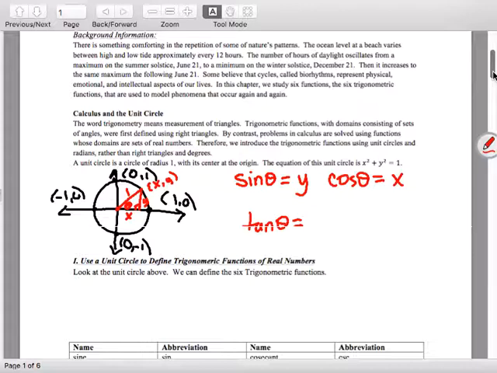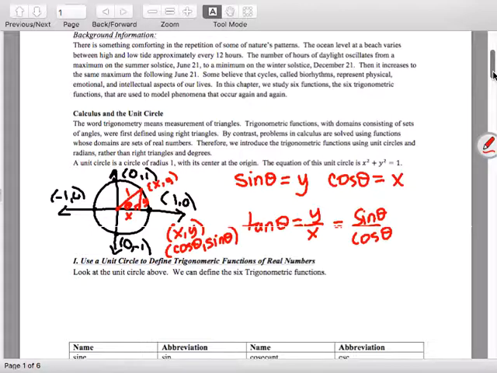Tangent theta, TOA, is opposite over adjacent, which is y over x, but that's sine theta over cosine theta. So you need to put that in your math tool belts: tangent theta is sine theta over cosine theta. Also, for your math tool belt, x comma y is always cosine theta comma sine theta. These are important pieces of information.